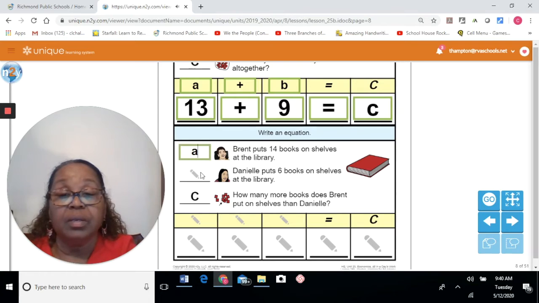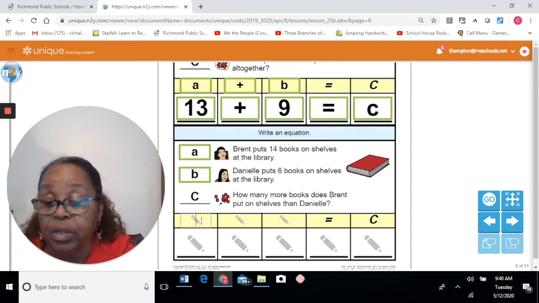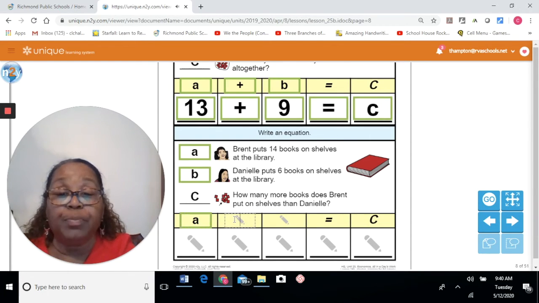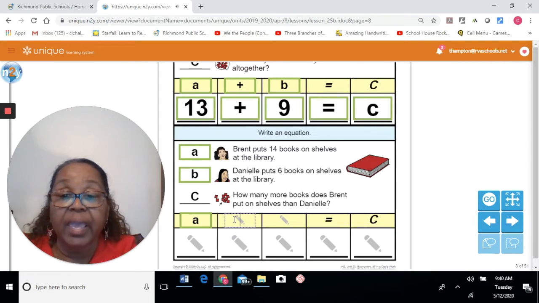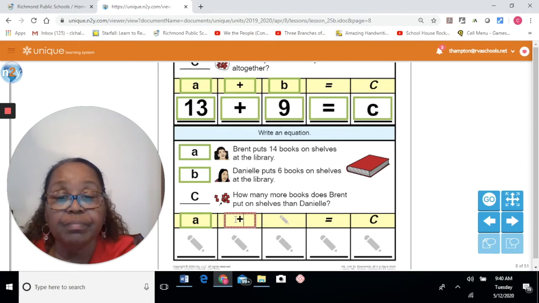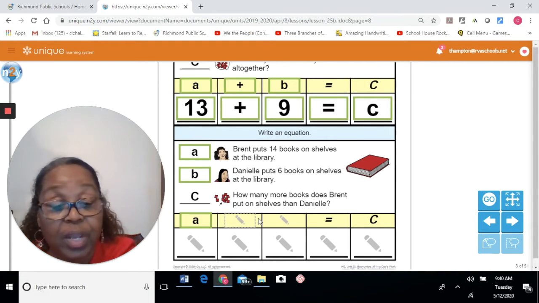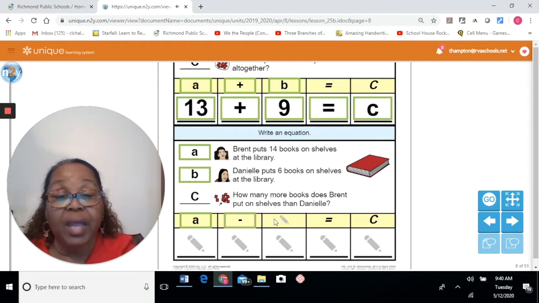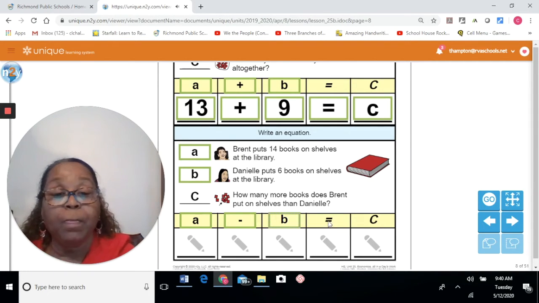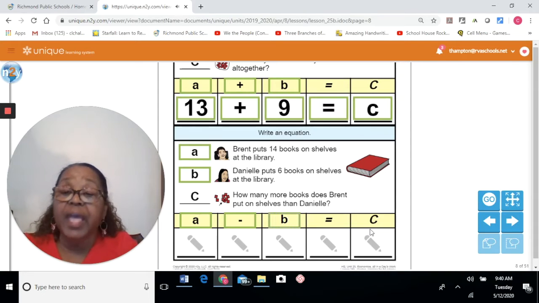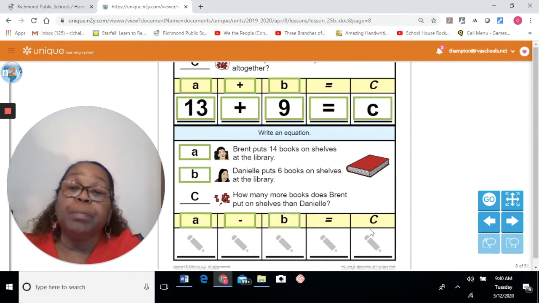A, we line it up, B, and C. Now let's line it up the way we were going to solve it. A plus, I'm sorry, I said addition, and I just told you the operation was subtraction, and I do it every time. A subtract B will equal C. Very good.